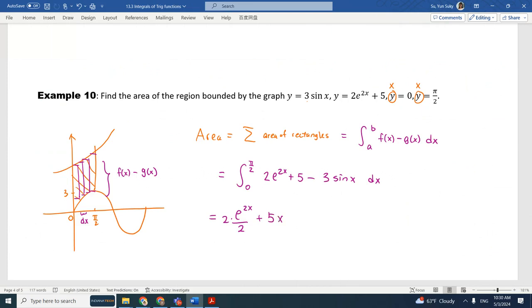And what's integral of sine x? Look at your formula. Yes, negative. But because in here, a is just 1, right? So we only get negative cosine x. And then we evaluate from 0 to pi over 2.